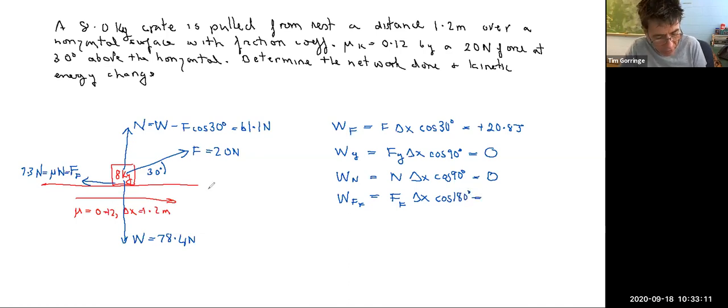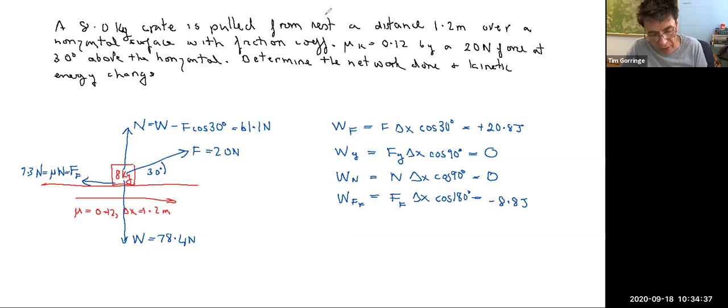Well, the displacement is towards the right. The frictional force is towards the left. There's 180 degrees between the frictional force and the displacement. Cosine of 180 degrees is -1. The number comes out to be minus 8.8 joules. And so this is the work done by those four forces that are acting on the crate.